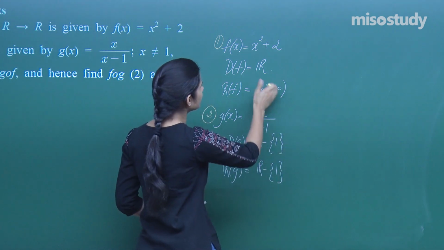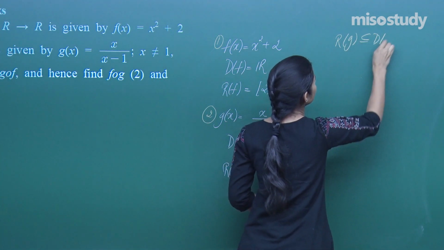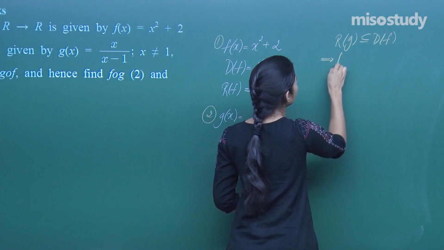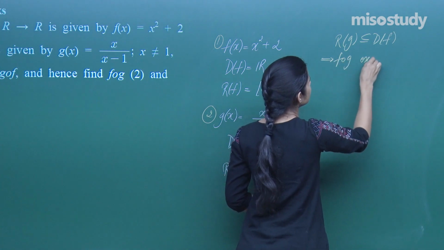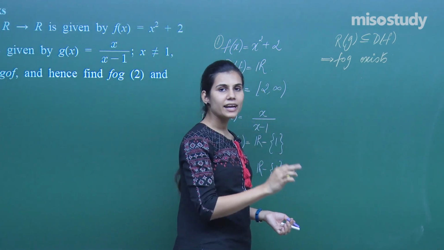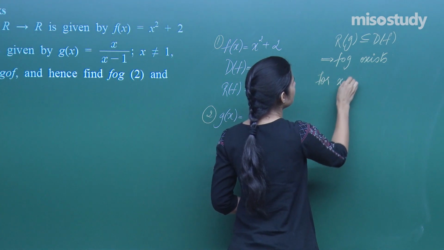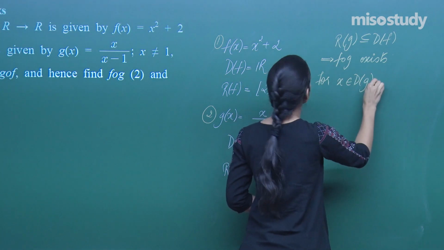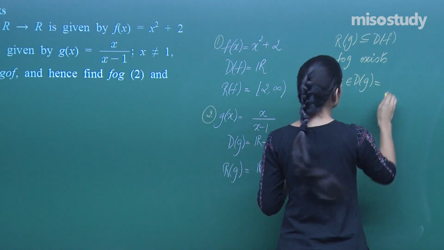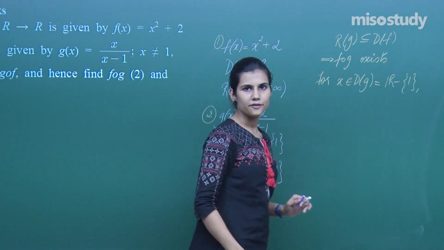Clearly the range of G is contained in the domain of F, which implies FOG exists. FOG is defined from the domain of G. So for x belonging to the domain of G, which is R minus 1, we need to define FOG.